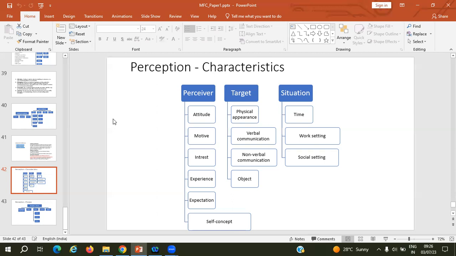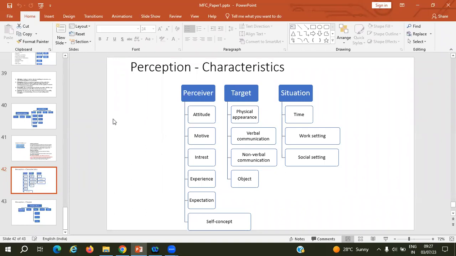Suppose you have attended so many online classes on Zoom, so you know what things to teach or how a teacher should behave. You have a different perception out of it. If you don't have any experience, your perception is poor. So experience is another thing controlling perception.